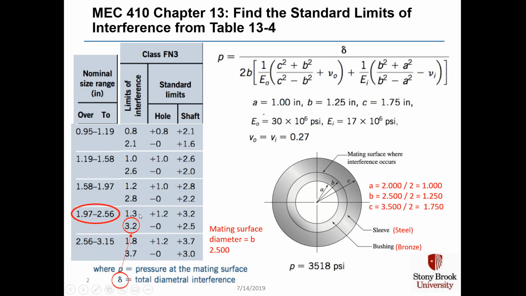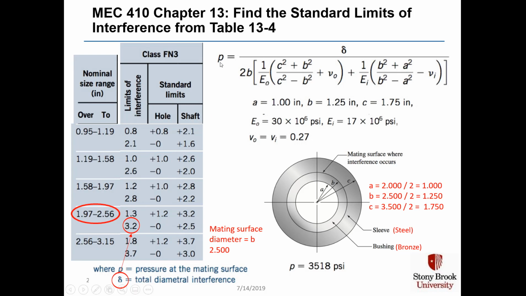The limits of interference give us the smallest interference you could have, which is 1.3 times 0.001 inches, and the largest is 3.2 times 0.001 inches. So we will use 3.2 for the total diametral interference because that's the worst case. That gives us the highest pressures and the highest stresses.